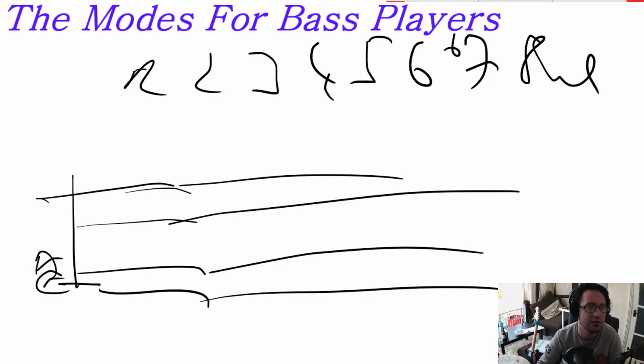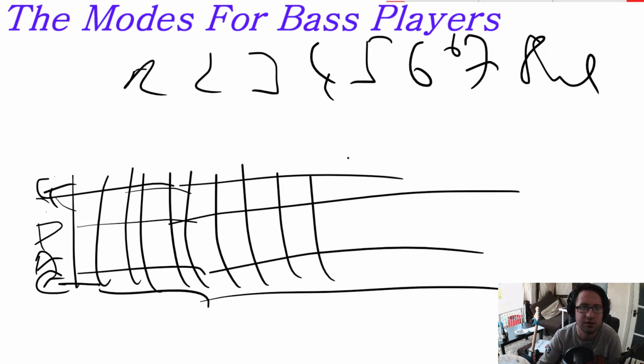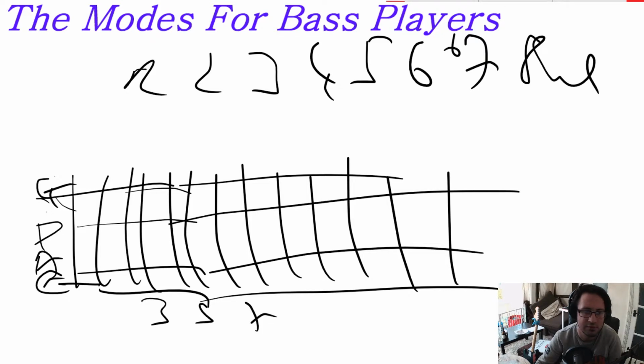E, A, D, G. 1, 2, 3, 4, 5, 6, 7, 8, 9, 10, 11, 12. So if we're on the 12th fret, so we're going for 3, 5, 7, 9, 10. So 10. So there's a G, G, A, B, C, D, E, F, G.